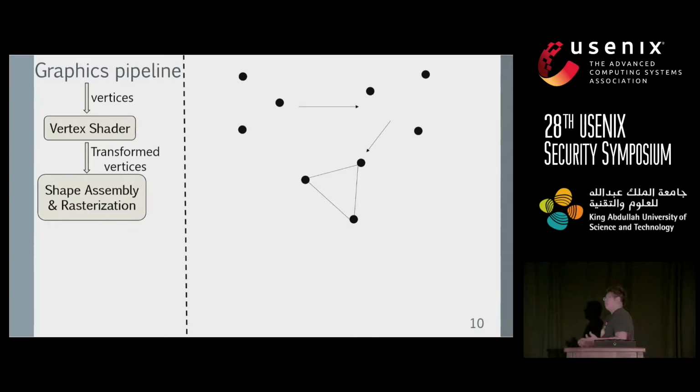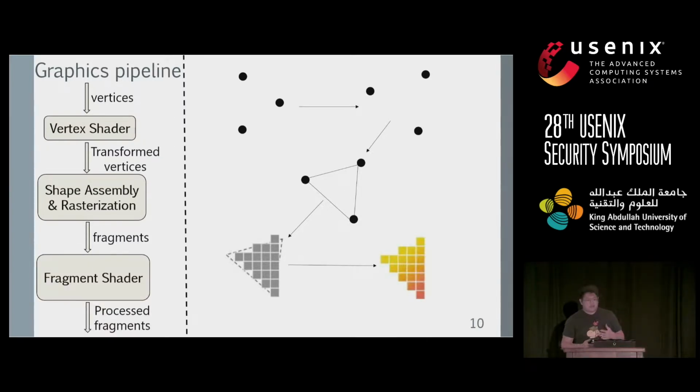Next, in shape assembly, these points create a triangle, and in the rasterization part, the shader will decide which pixels are in this triangle. In the fragment shader part, the shader will decide how to draw every pixel, giving every pixel a certain color.